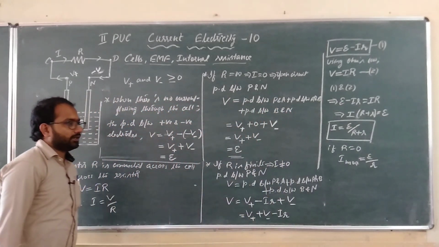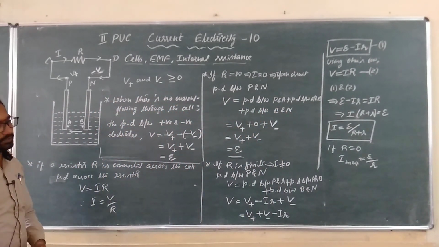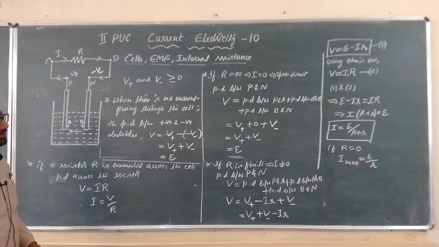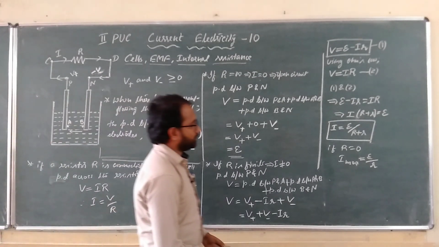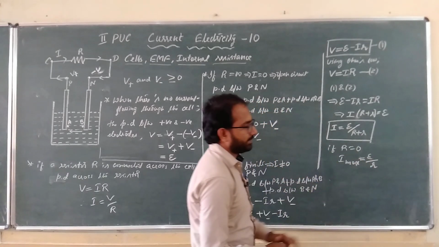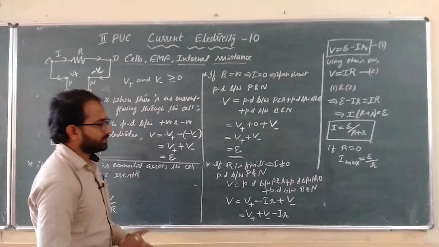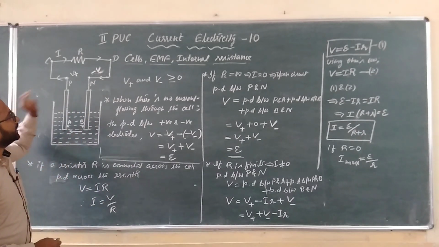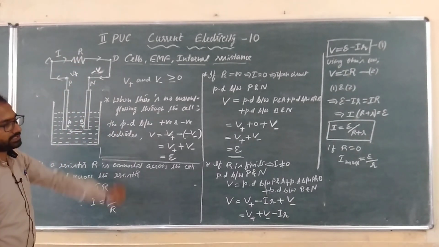Which will permanently damage the cell. So therefore the current is maintained lesser than this maximum value. That means we always connect a certain finite value of resistance across the cell.